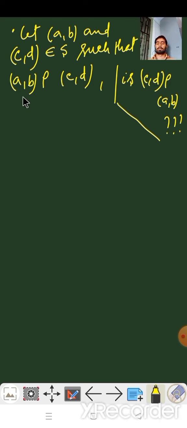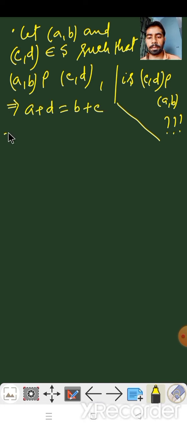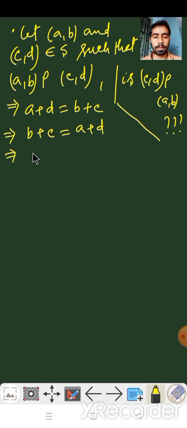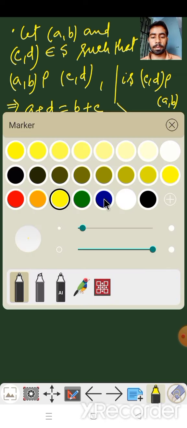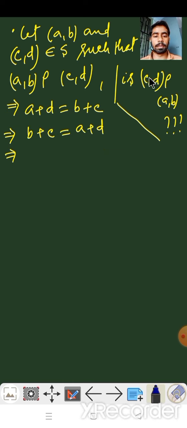We have already assumed that the ordered pair AB is related to the ordered pair CD, and by the definition of relation rho we have A plus D equals B plus C, which implies that B plus C equals A plus D. If we check that CD is related to AB, then we have to show that the addition of C plus B is equal to the addition of D plus A.